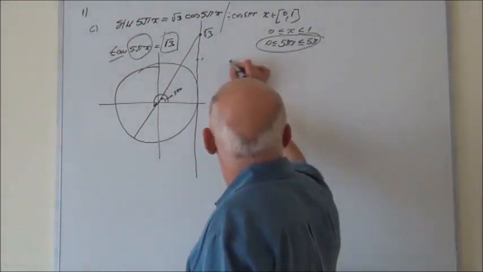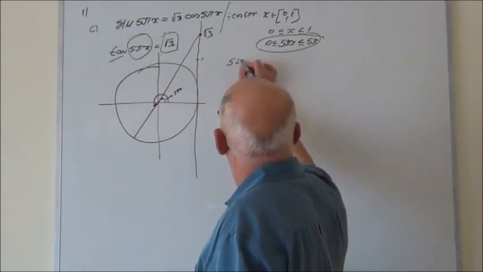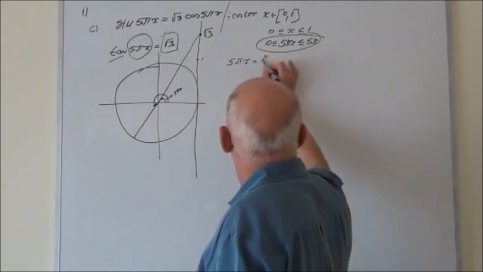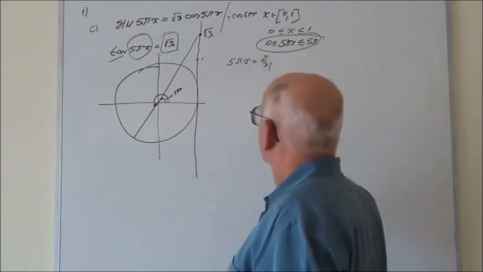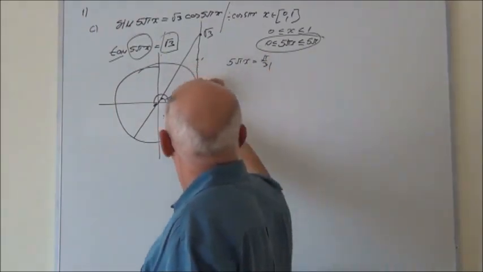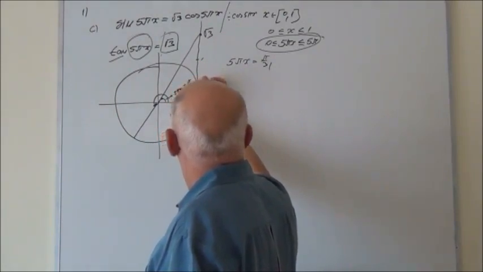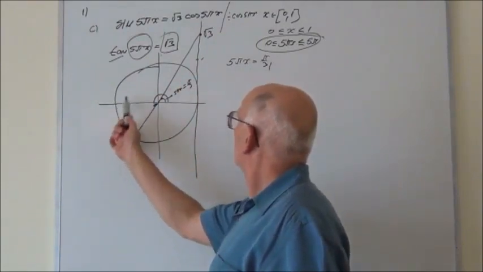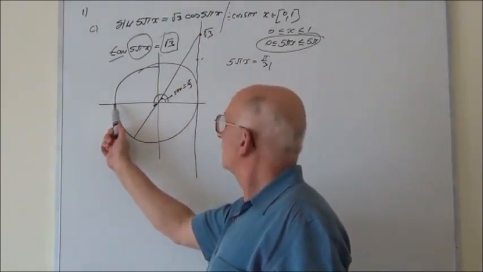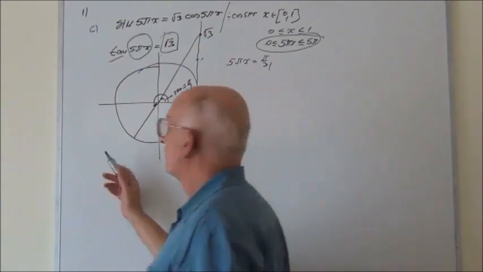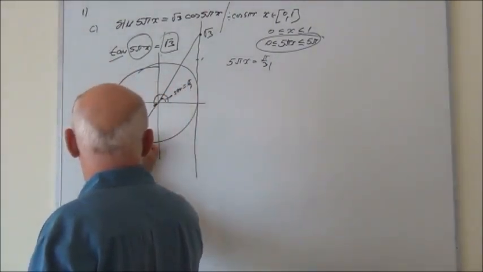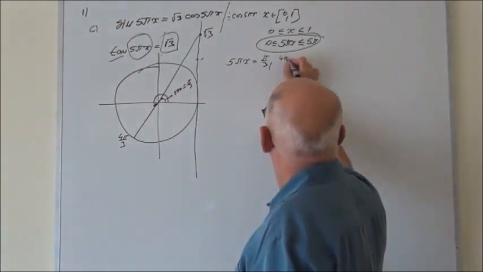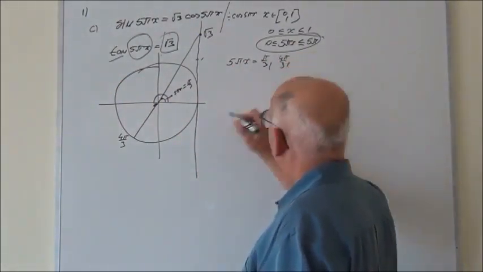So the first solution for 5 pi x will be pi on 3. The second solution will be up to here. We have 3 pi on 3, and one more will be 4 pi on 3, and it will be our second solution.